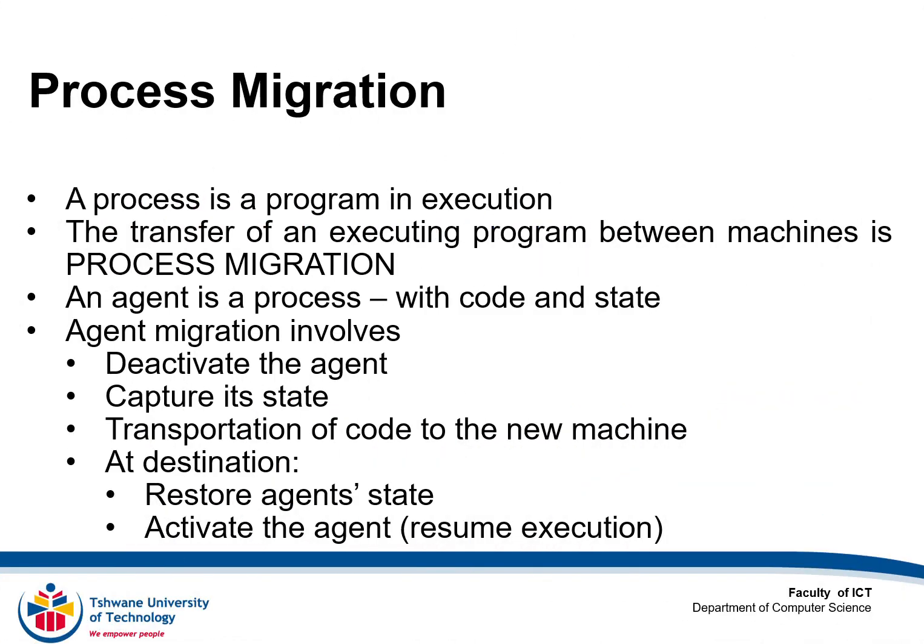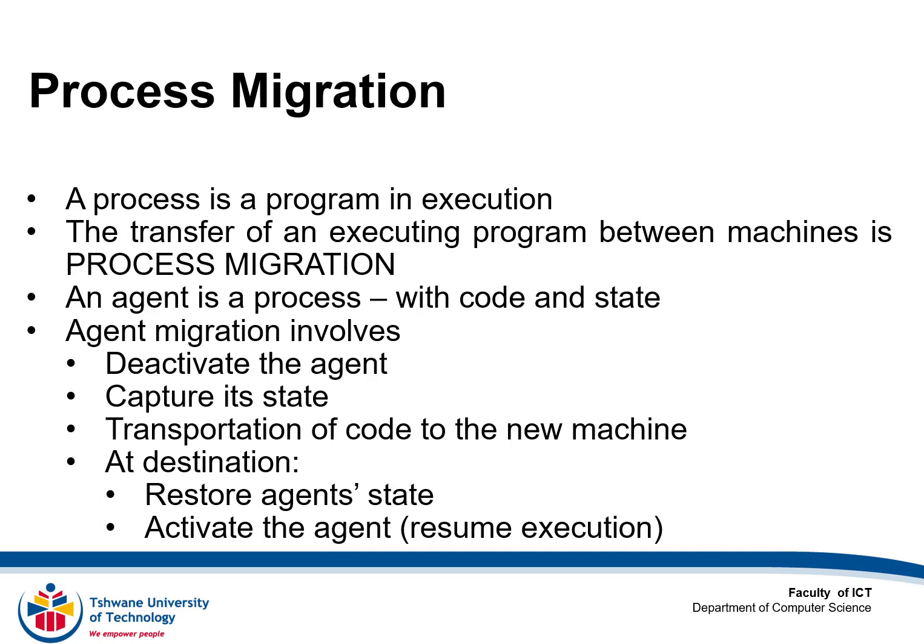When you look at process migration, basically a process is a program that is in execution. You'd know in Windows when you go to Control Alt Delete and Task Manager, you then see processes that are in execution. Now, the transfer of an executing program between machines is what we call process migration. So whenever an agent moves from one machine to another, that is what we call process migration, particularly when that program was executing.